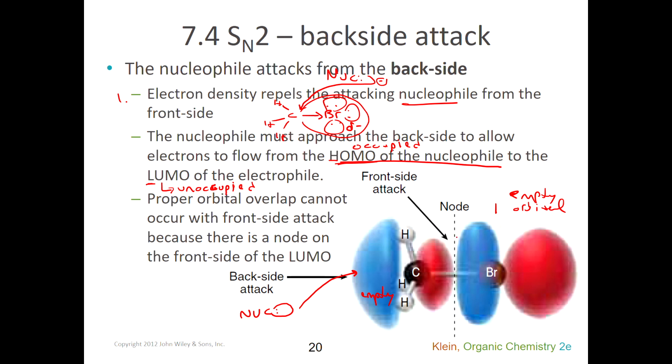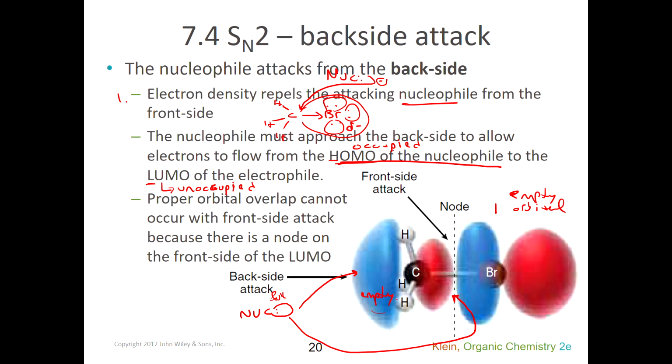And the problem is here, there's a node in this empty orbital. And so if the nucleophile were to come in and try to overlap with the carbon on this side, there's a node here. It wouldn't be able to effectively overlap between the full orbital and the empty orbital and get those 2 electrons into a nice molecular orbital, because when the orbitals come together there's not much overlap because of the node.